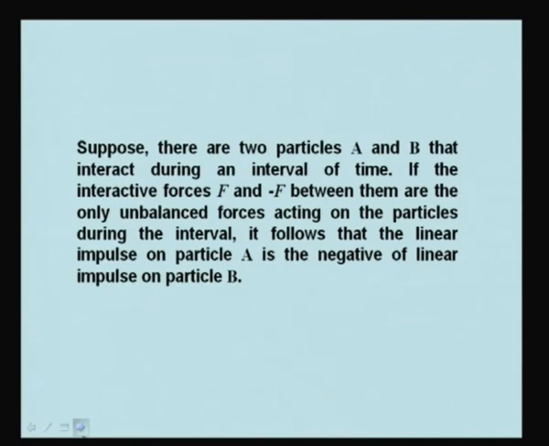So suppose there are two particles A and B that interact during an interval of time. If the interactive forces F and minus F between them are the only unbalanced forces acting on the particles during the interval, it follows that the linear impulse on particle A is the negative of the linear impulse on particle B. Here I am using the word interaction.